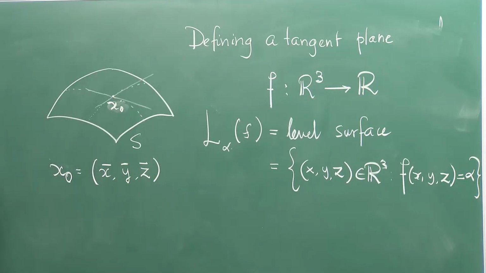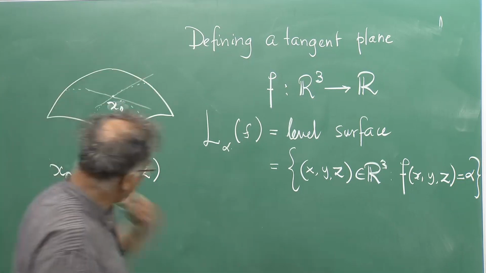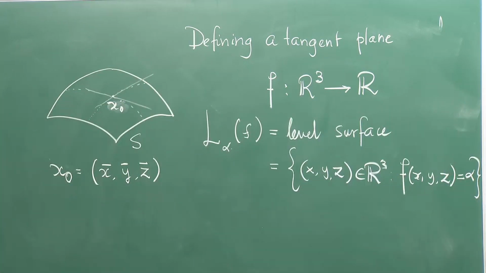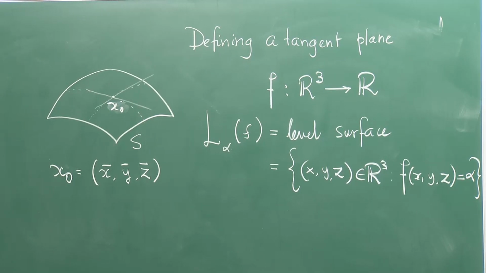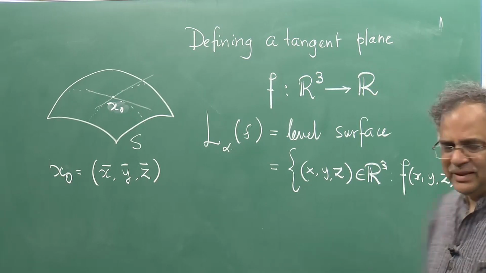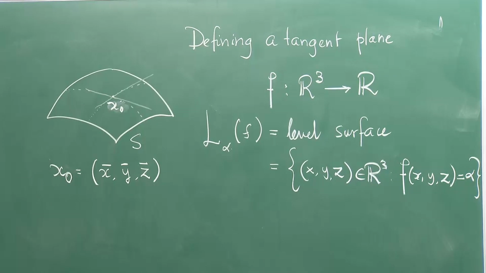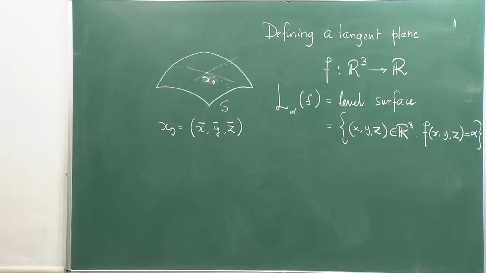Now, if I want to compute the gradient of f at x bar, y bar, z bar, in which direction is it pointing? Is there any particular relationship of the direction with the surface? This is the question that we are going to ask ourselves now. Let us see what we get out of it.